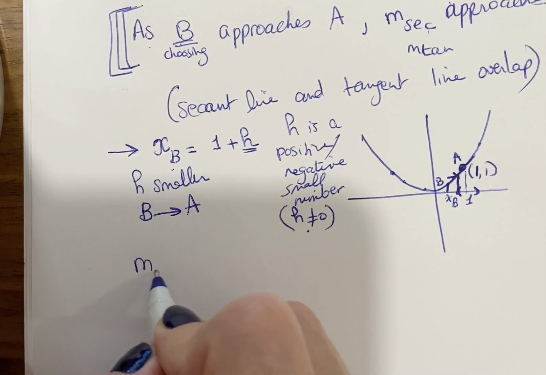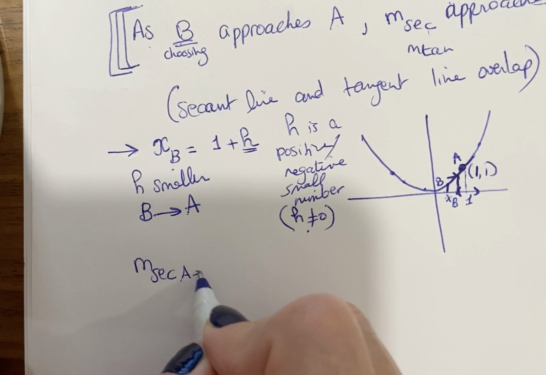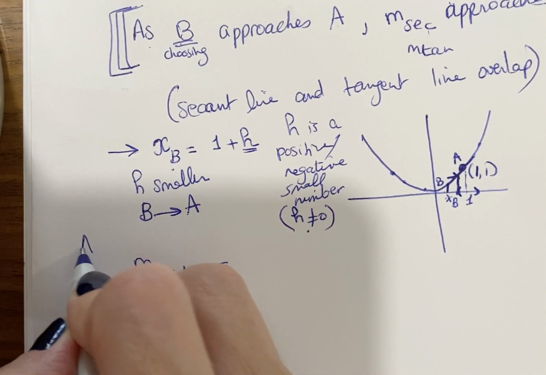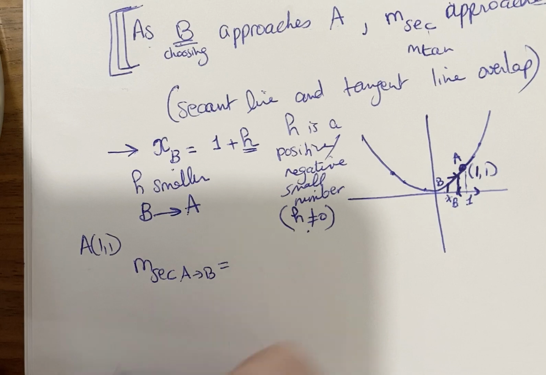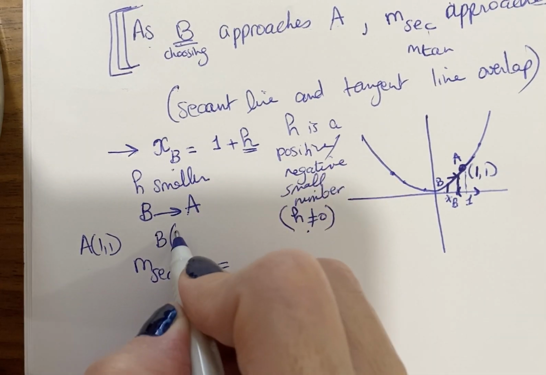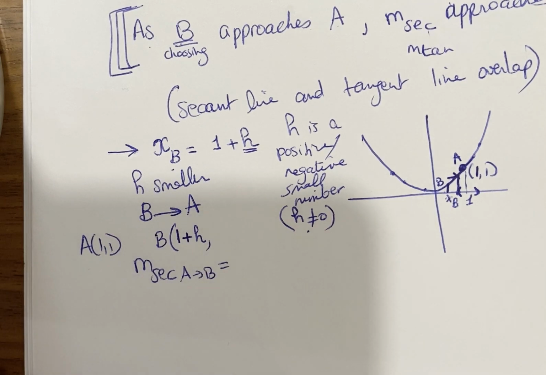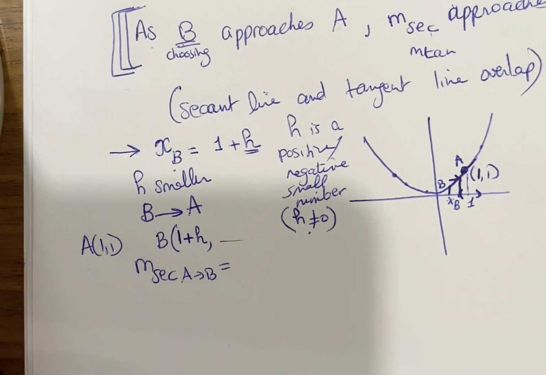Now, can I calculate the slope of the secant joining A to B? Yes, easily. What is A? A is the point (1, 1). What is B? B, we chose it such that it's close to A, so it has X value 1 plus H. And what is the Y value? What do students directly say?